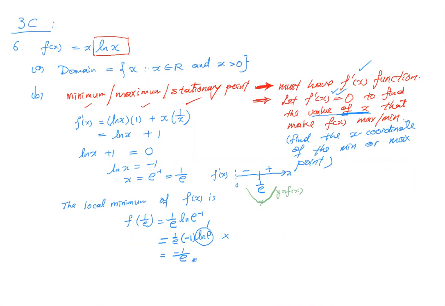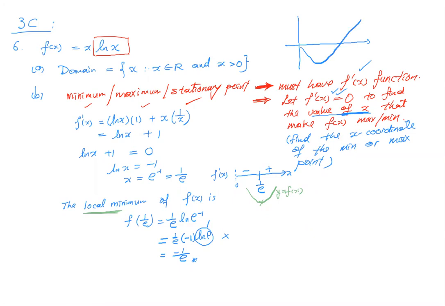So you see, they say show that the minimum value. But this is not the minimum yet. This is a local minimum. So I need 2 more steps to show that it is a global minimum. Look, if you go to your graphic calculator, your graph looks like that.